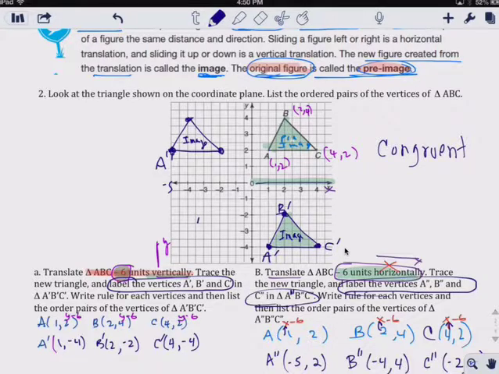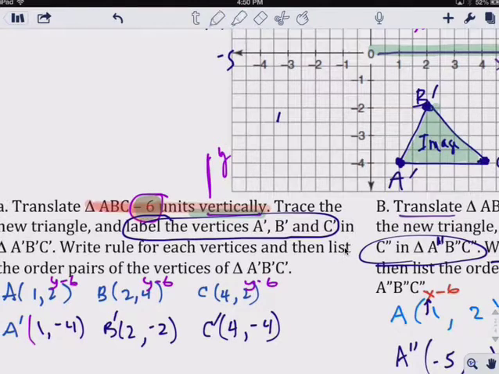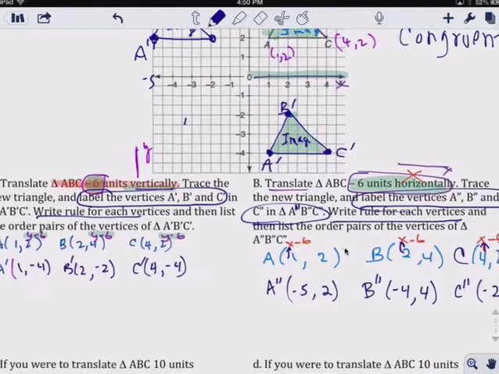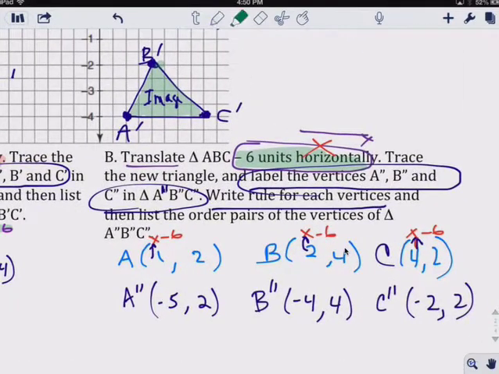Write the rules of the vertices and list the ordered pair. Oh, I forgot to write this. This is the rules right here. That's the rule. Write the rule of each vertex and then list the ordered pair. These are the rules. The expressions are the rules.